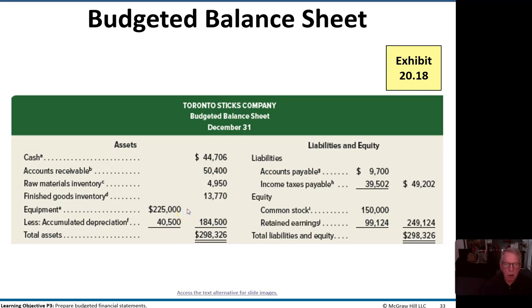Sorry for all that toggling, but I thought we had a beginning budgeted or actual balance sheet through the first 9 months of the year. So in any event, we can now compute our budgeted balance sheet.